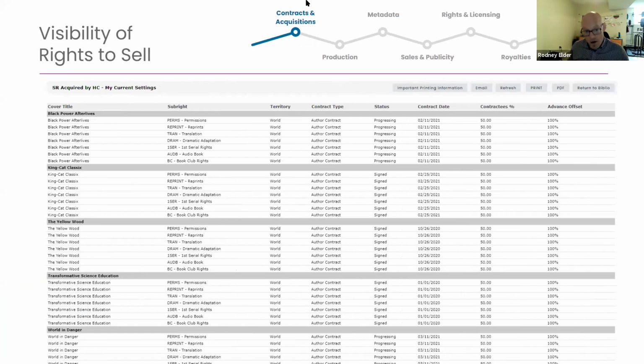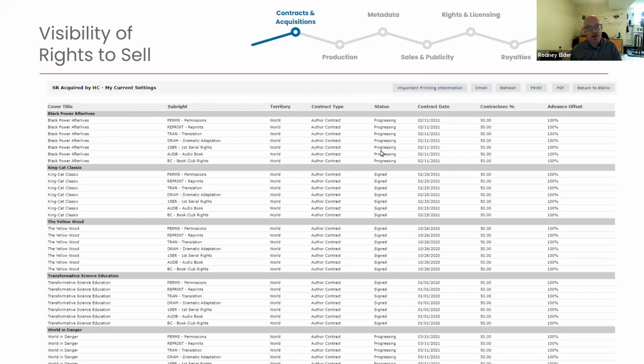So, back at the beginning of the process, we saw acquisitions entering the contract. Now, the rights department is saying, what rights do I actually have available to promote and to sell? So by having everything in a singular area, this department is doubling back to the beginning of the process to say, these are all the things that I have available, by title: sub-rights available, territories, status.